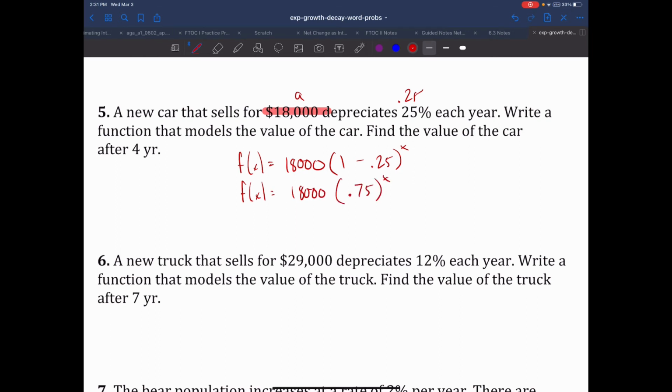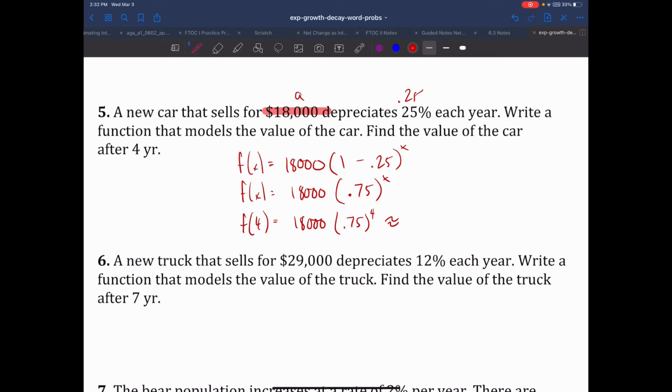And it says find the value of the car after 4 years. We're looking for f of 4. So 18,000 times 0.75 raised to the 4. And then we can find that value. So 0.75, first I raise that to the 4th power.